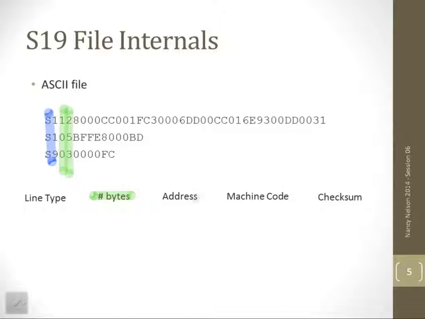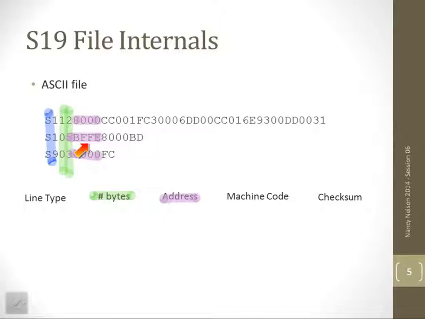The next piece of information is an address. So here we can see an address of 8000, an address of BFFE, and an address of 0. So you remember from the last time that the last S1 line has our reset vector. So here our reset vector isn't FFFE, which it usually is, it's BFFE.